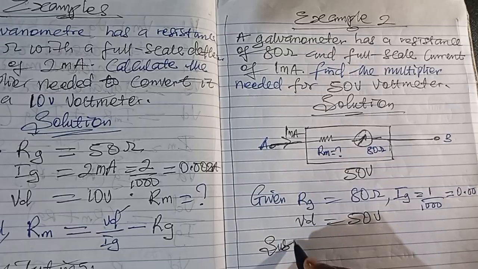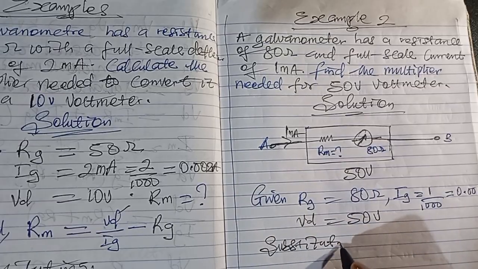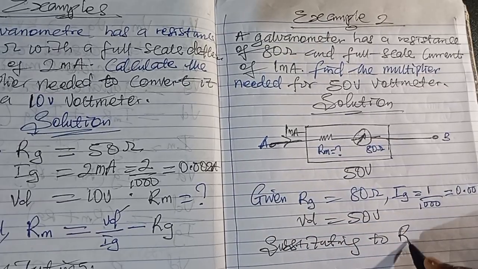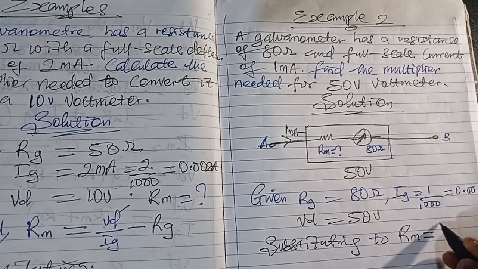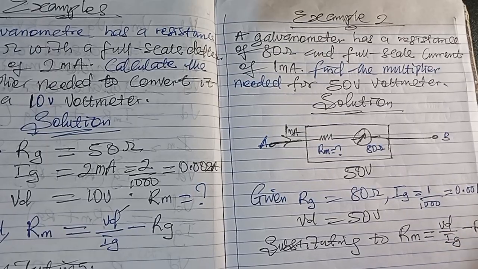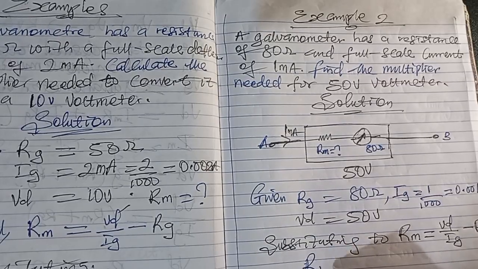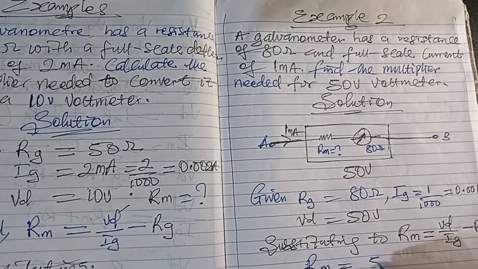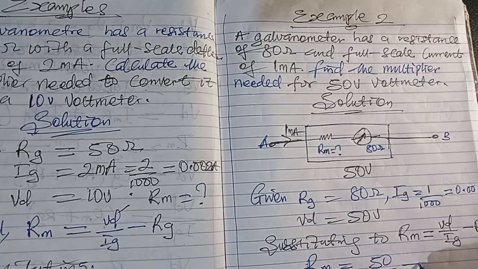So substituting to Rm equals Vd over Ig minus Rg, we can have Rm is equal to Vd, 50, divided by 0.001, minus 80 ohms.